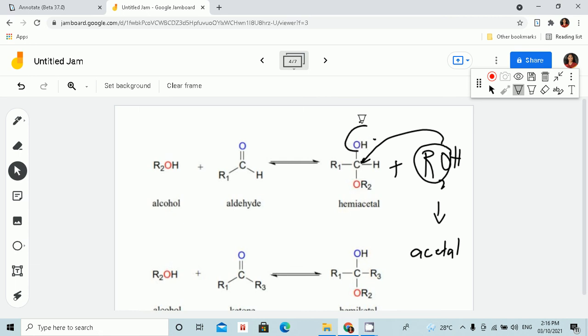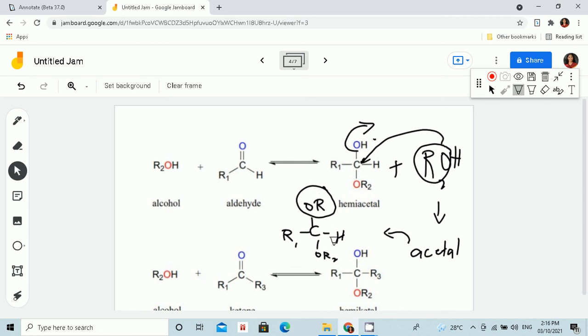The OH will move, and then it will be replaced with OR. I'll write it here. I hope that you can follow. We have OR, then we have H. You see this one? This is an OH first, but then when it is attacked with an alcohol, it becomes an OR. So this is our acetal.